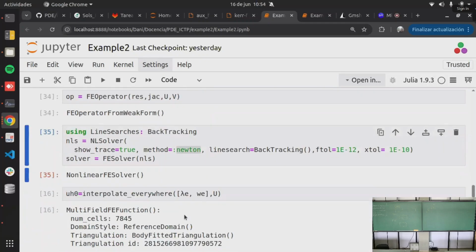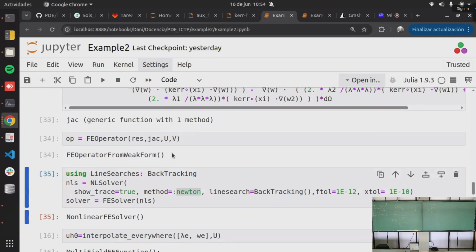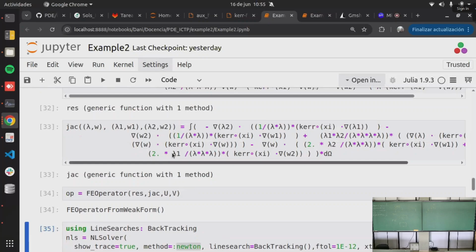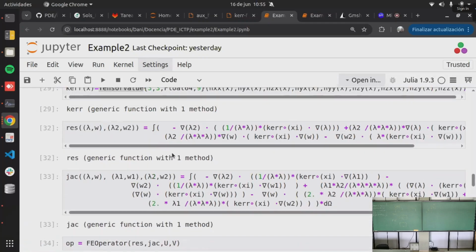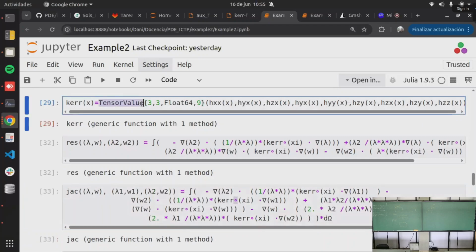Daniela, you have some expressions like the metric dot gradient of w1 in the Jacobian. What's that? This performs a composition of functions. Here I have the metric, that is a function.